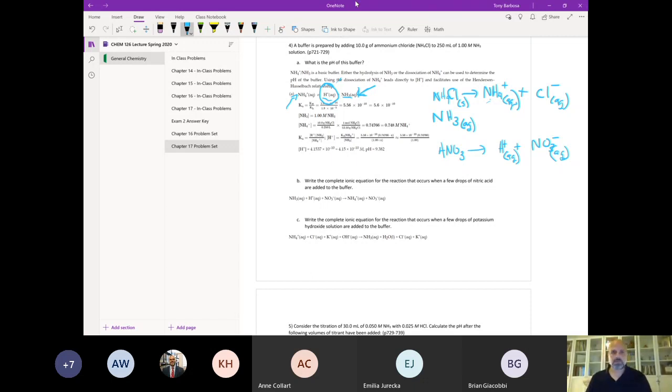Then part C says write the complete ionic equation that occurs when a few drops of potassium hydroxide are added to the buffer. The potassium hydroxide is the same thing.